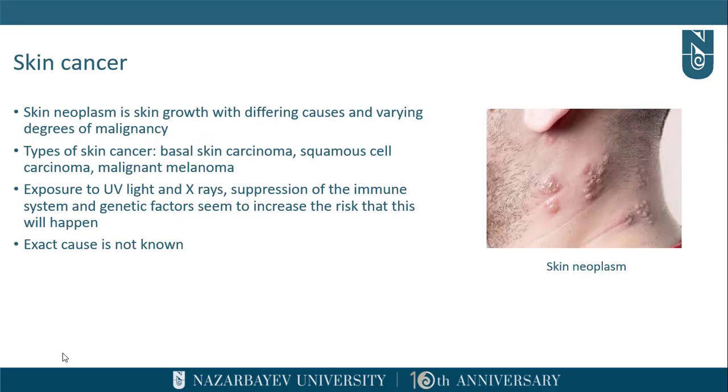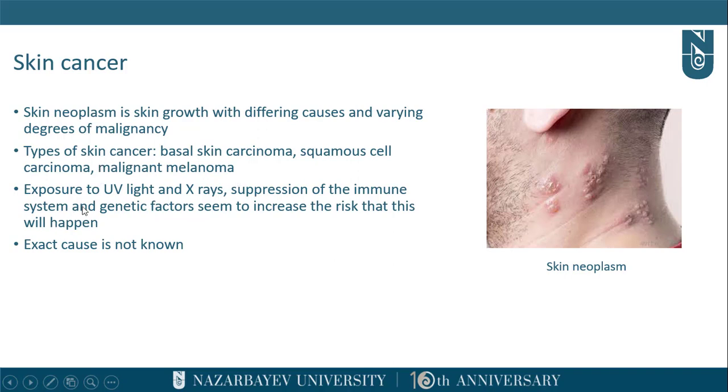Now let's finalize with talking about skin cancer. Skin cancer is basically a neoplasm that is formed on the skin, and it can have different degrees of malignancy. It can be either benign or carcinogenic, malignant. There also exist different types like basal cell carcinoma, squamous cell carcinoma, or malignant melanoma, which is the very dangerous one.